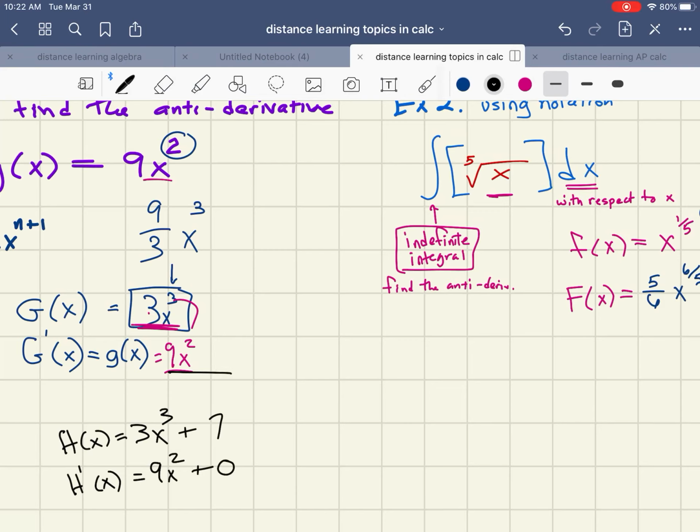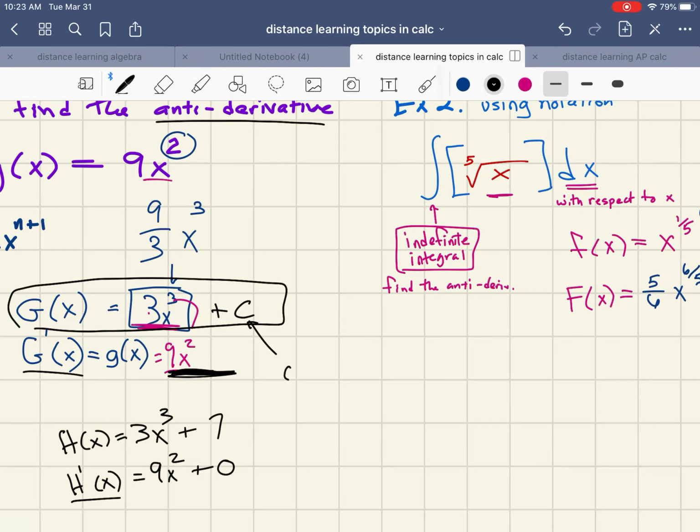Notice that that is the same as g prime. So what we're doing here is we're going to basically get all kinds of different possible answers. So every time that we do a problem, we're going to add plus c to the antiderivative.